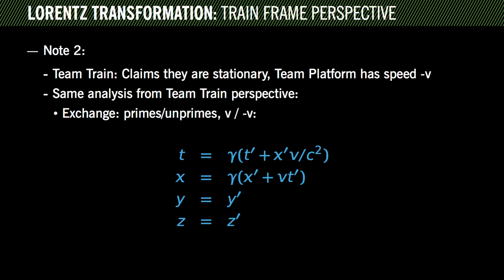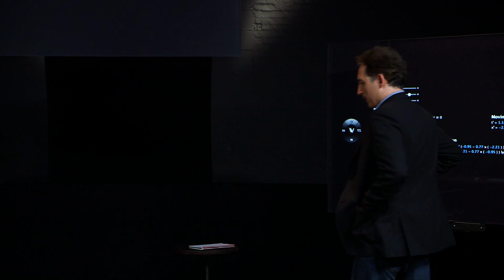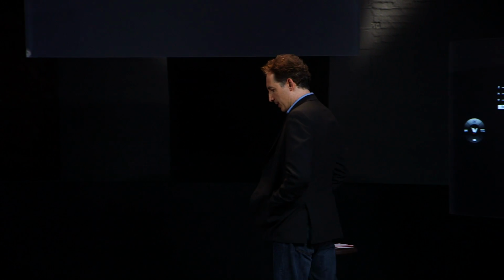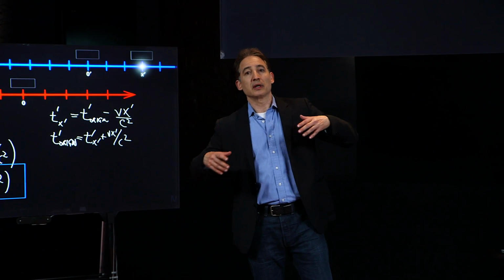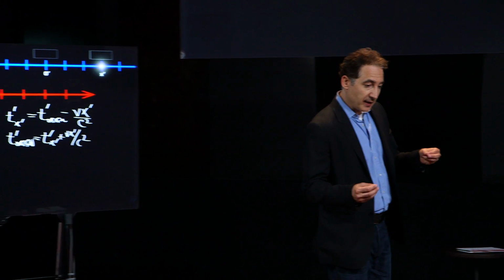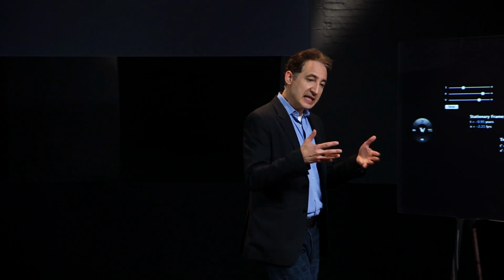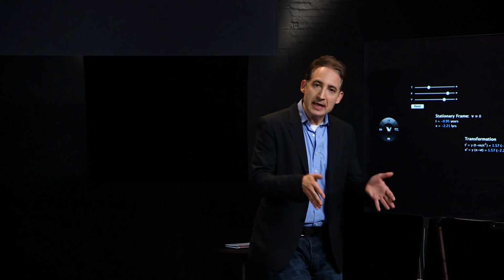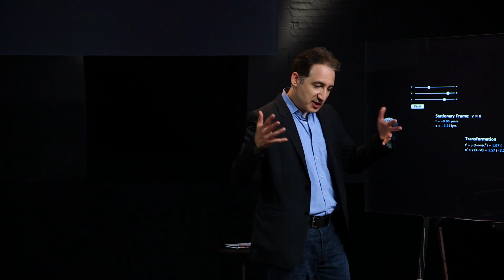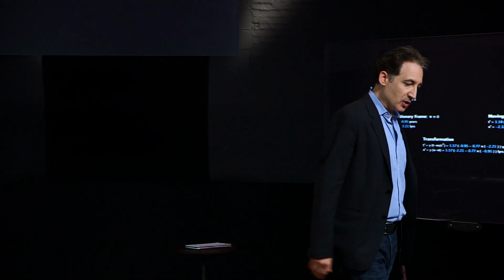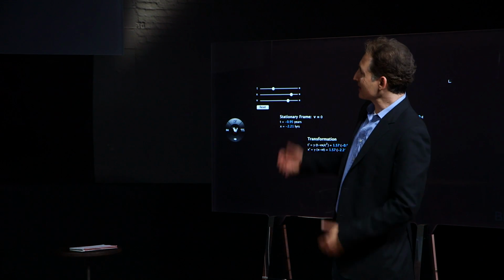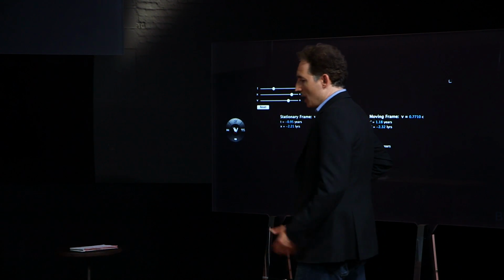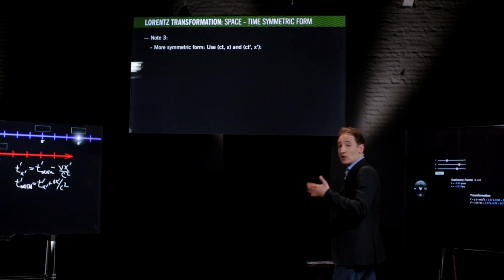Another point worth emphasizing is that you can make the Lorentz transformation equation look a little more symmetric if, instead of framing it in terms of t and x, you use ct and x. We choose these clever units where the speed of light is equal to 1. That can obscure the symmetry inherent in these equations, because ct has the units of a length.